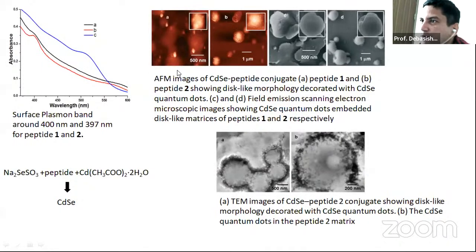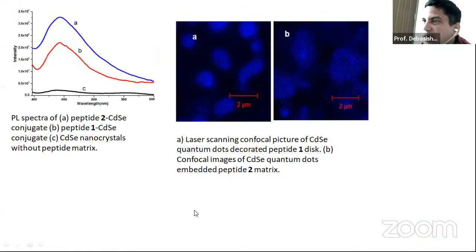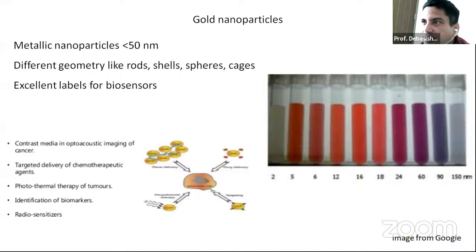From the microscopic and spectroscopic techniques, we can figure out that the quantum dots go inside this kind of capsule. We have further studied by confocal microscopy to figure out the contrast property of this kind of quantum dot. So we can use this quantum dot for imaging purposes, biological imaging.